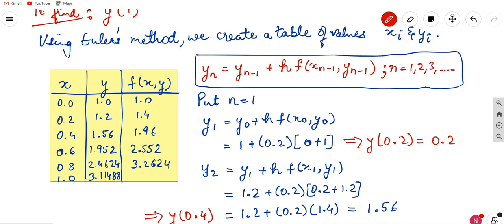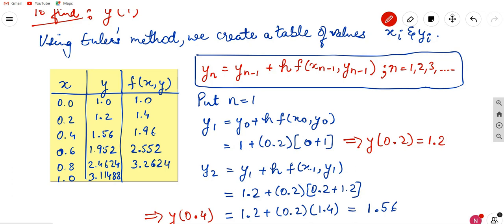That is, for n is equal to 1, y1 would be equal to y naught plus h times f of x naught, y naught. y naught is given as 1, h we have calculated as 0.2, f of x naught, y naught is x naught plus y naught. So I am getting my first approximation. y at 0.2 is coming out to be 1.2.